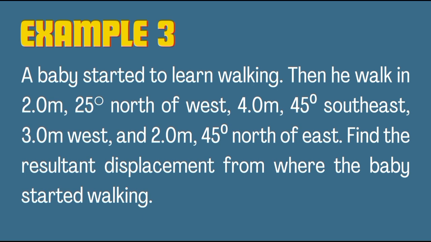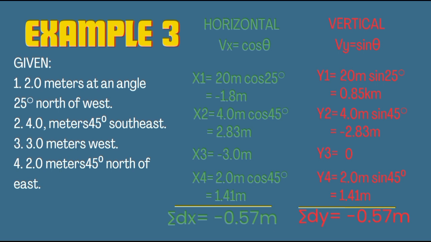Find the resultant displacement from where the baby started walking. So the givens are 2.0 meters at an angle 25 degrees north of west, 4.0 meters 45 degrees southeast, 3 meters west, and 2 meters 45 degrees north of east.